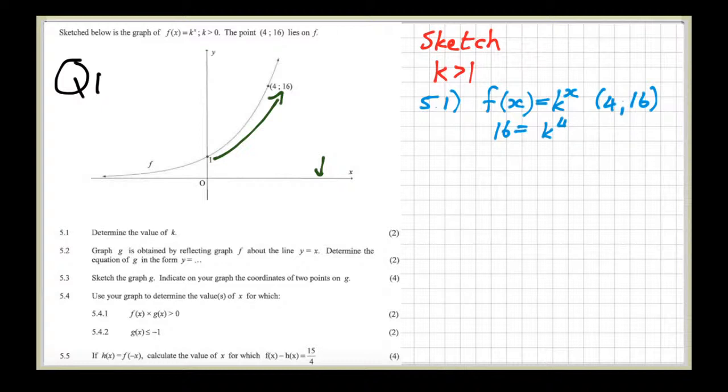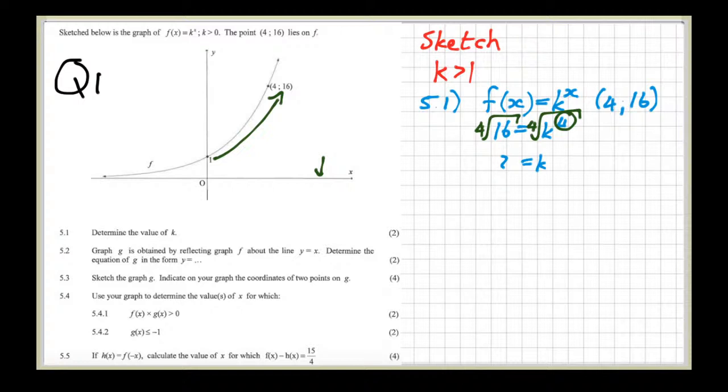To get rid of that power of 4, we take a 4th root on both sides, leaving me with k equal to 2. Very theoretically, because it is an even power root, I must actually put a plus minus in front of the k. But because they told me that k is larger than 0, it's not really necessary. So there, you've got 5.1 done and dusted.